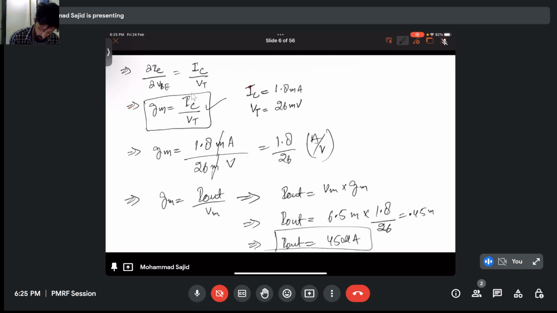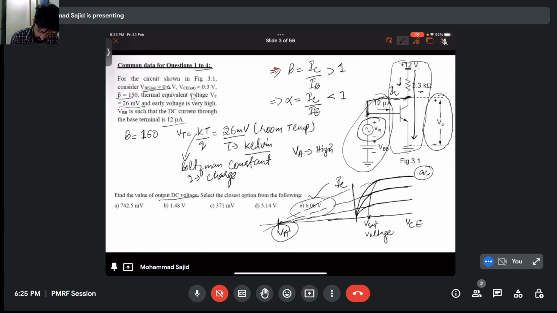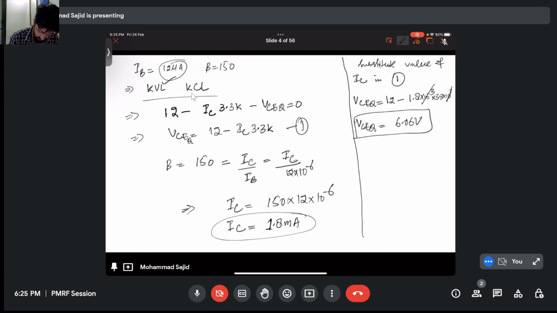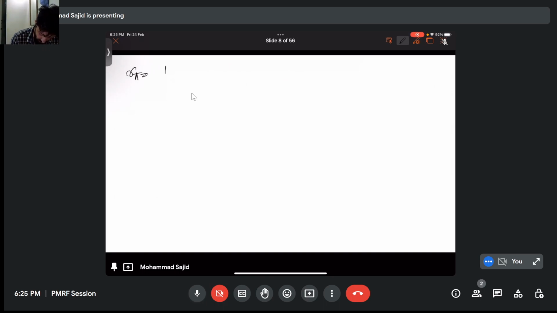Now from the previous question, you know Gm, you calculated Gm, right? This is our Gm, and what else we need is beta. Beta is given to us as 150. So my R pi will be equal to beta by Gm, that is 150 divided by, what was Gm? 1.8 by 26.